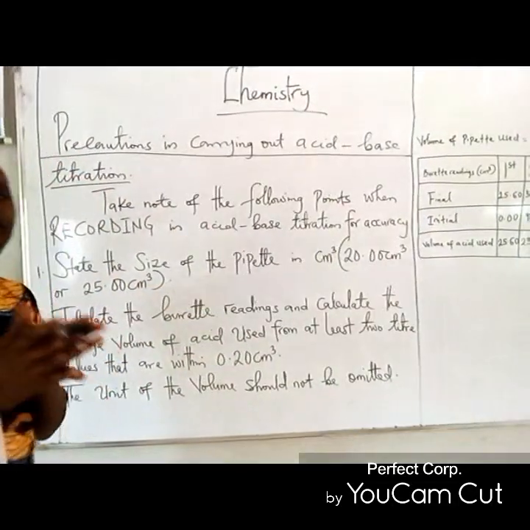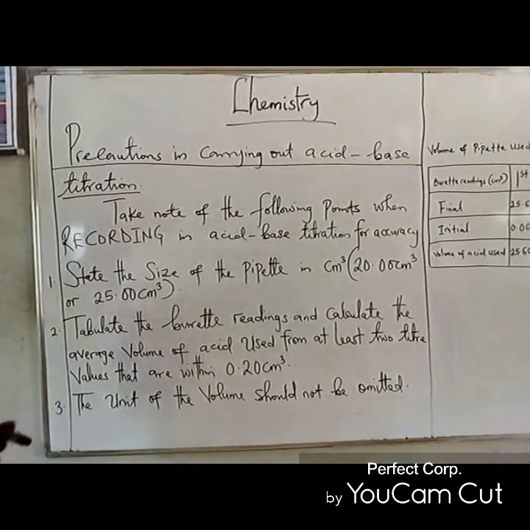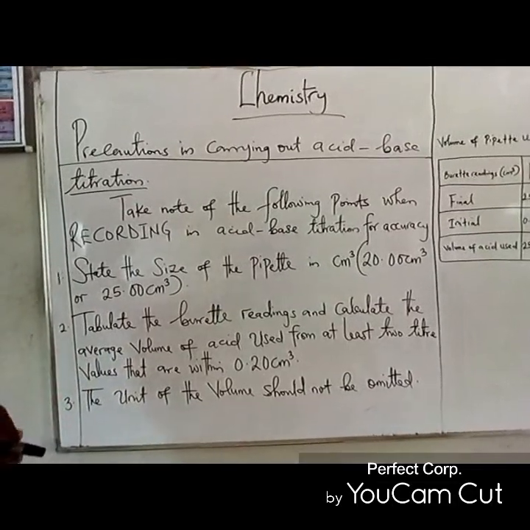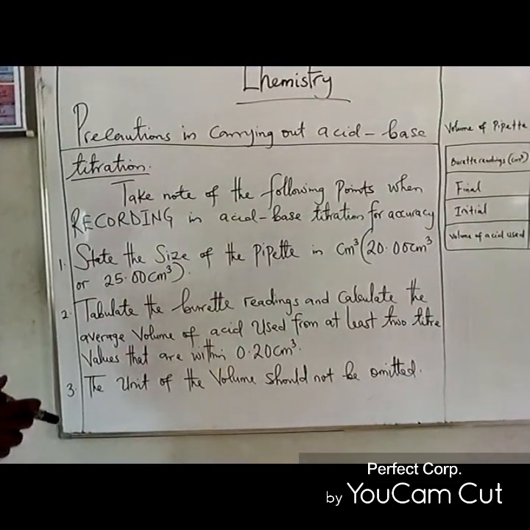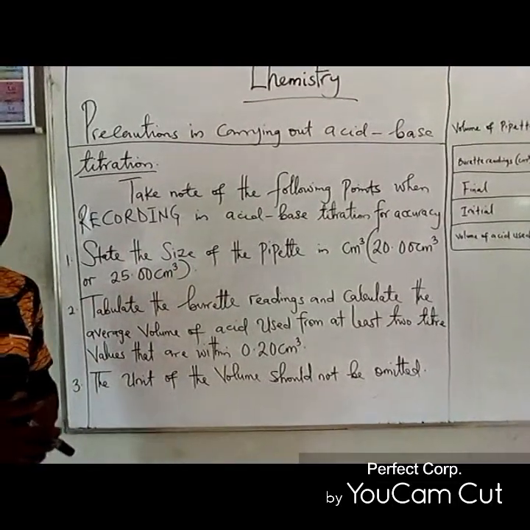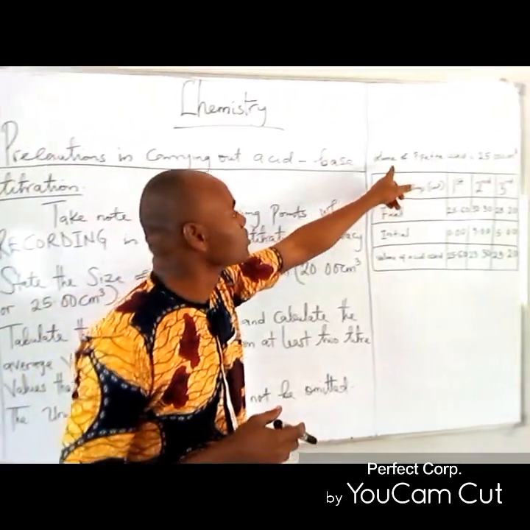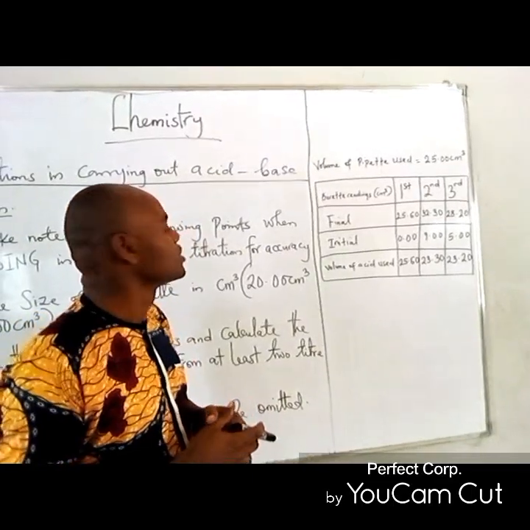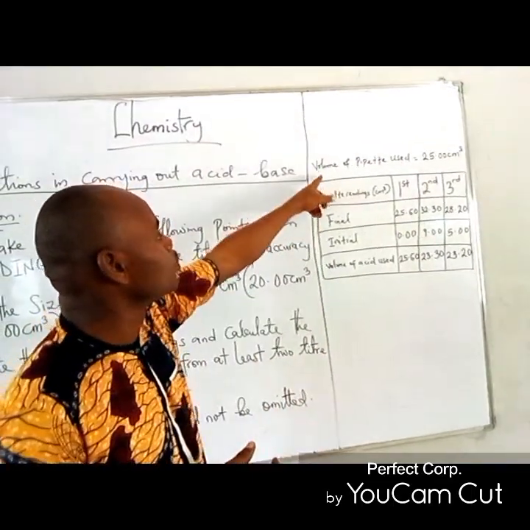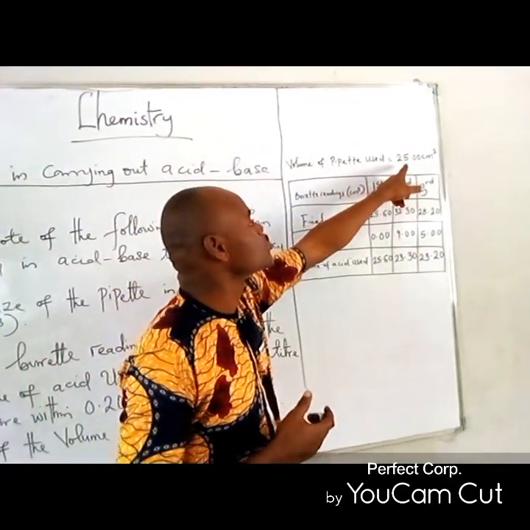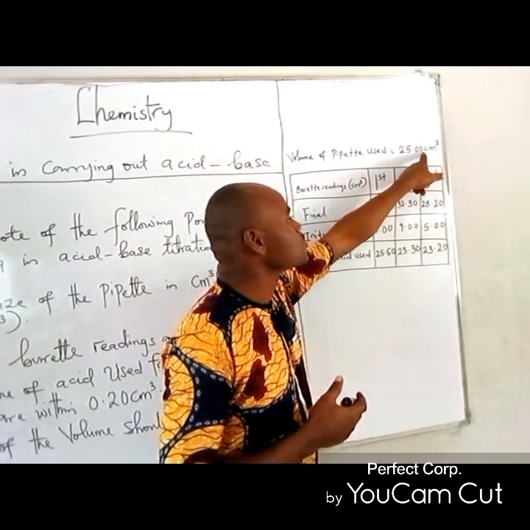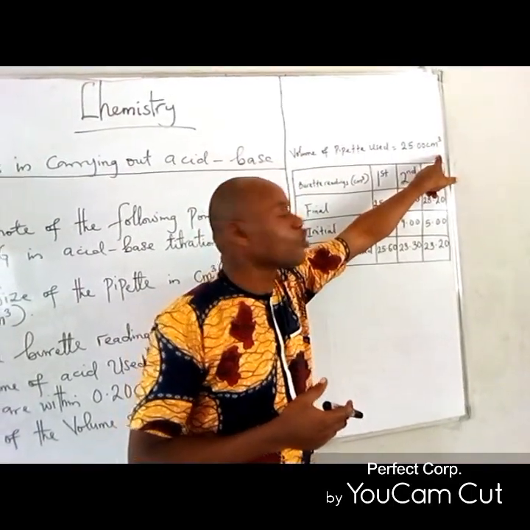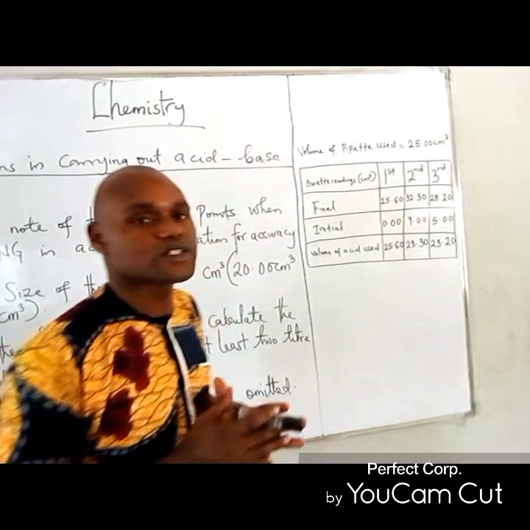So it is very important that when you state the size of the pipette you are given, you must include the units, just like what you can see here. We are assuming this is the size of the pipette that we'll be using. The volume of pipette used, which is 25.00 cubic centimeters. So always put the units.